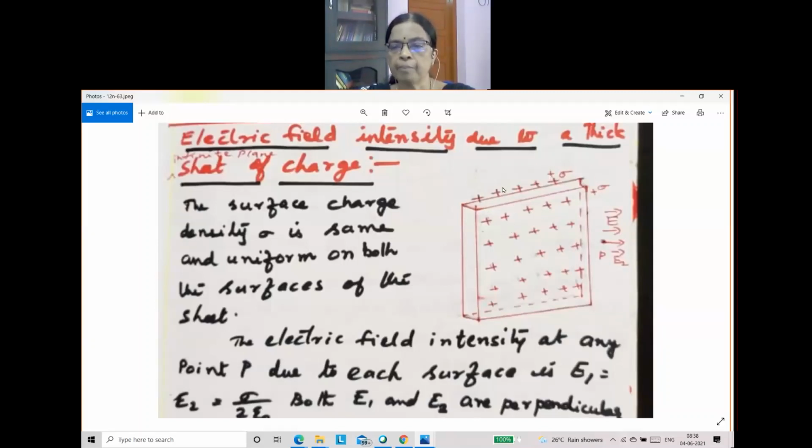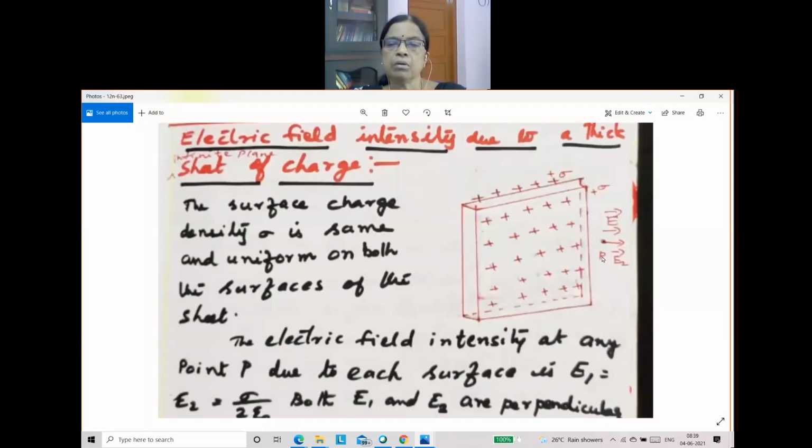So due to both the sheets, there will be electric field at this point, and as both are positively charged sheets, it will be outwards, and we get the sum of the fields at the point P. The electric field intensity at point P is due to both the sheets, this sheet and the sheet behind it.